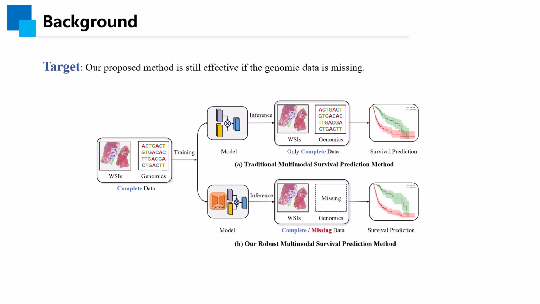That's exactly the gap we aim to address in our work, designing a robust multimodal model that can still function effectively even when genomic data is missing. Traditional multimodal survival prediction methods are trained and tested only on patients with complete data of both pathological WSIs and genomic sequences. This restricts their usability to a small subset of patients.